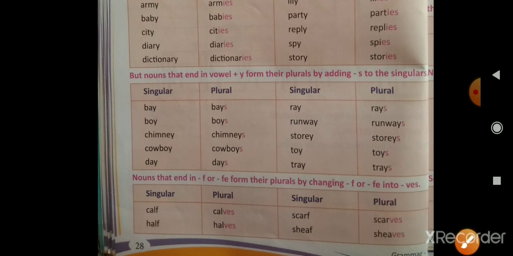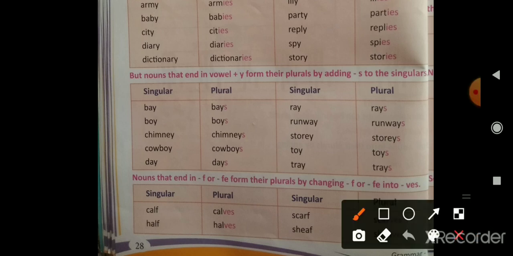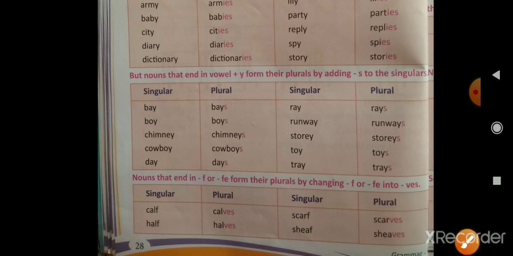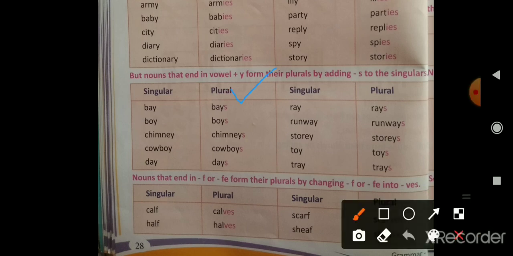We will not drop y here, and we will not add ies to make them plural. We will simply add s, as we can see in the first word, that is bay. So before y it is a, means a vowel is given, so we will simply add s to make it plural. Okay, so bays, boys, chimneys, cowboys, days, rays, runways, stories, toys, and trays.